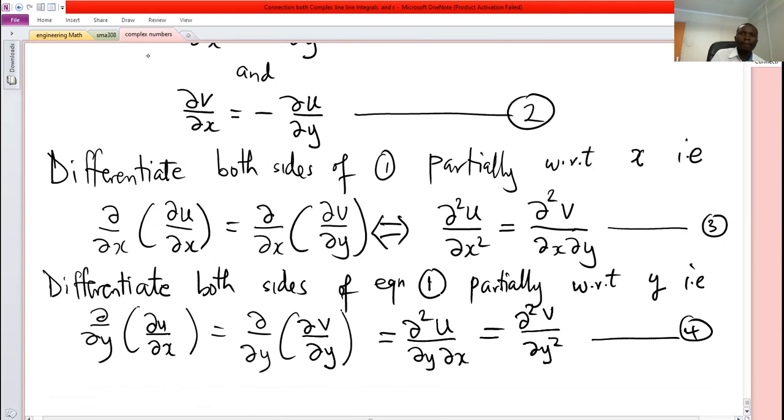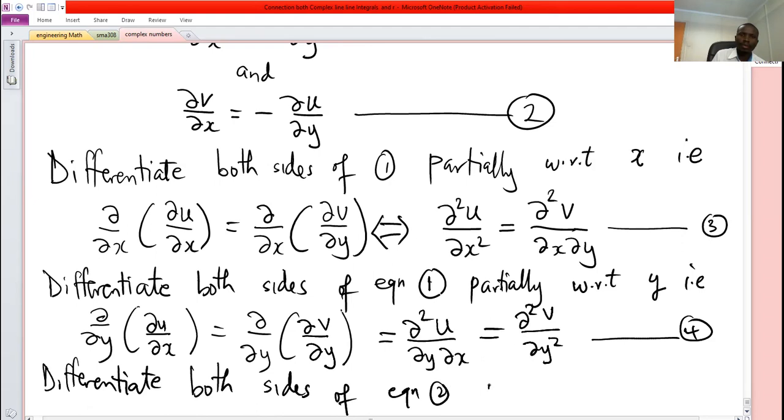Then differentiate both sides of equation 2 partially with respect to y.